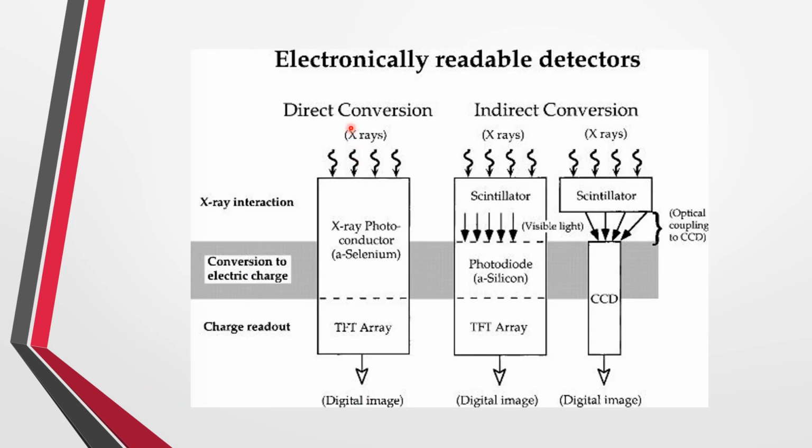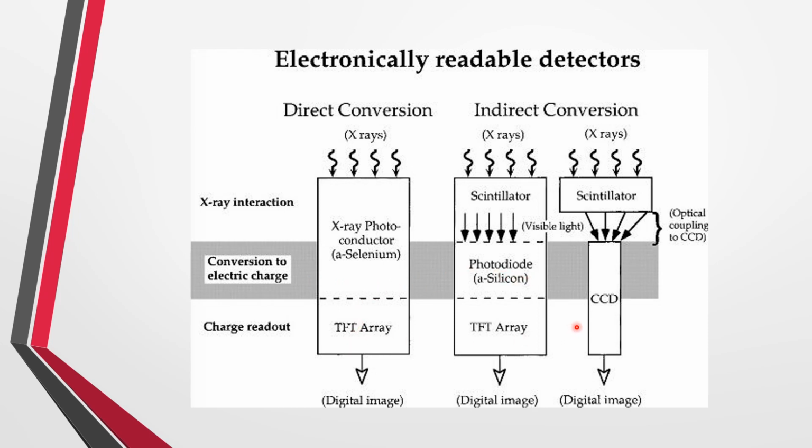And then we have another picture here. So between these pictures and everything else, I think we should have a pretty good sense of digital radiography at this point. Direct conversion converts it to an electrical charge, and then it's a TFT array.